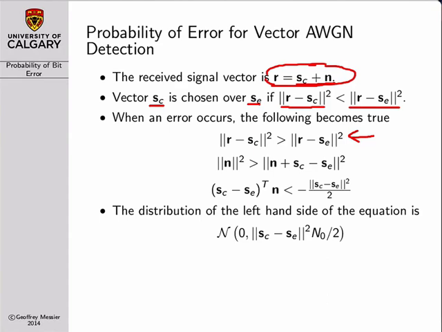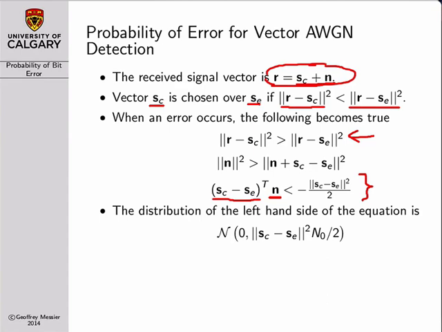Now, if we expand out this squared norm and manipulate it a little bit, we get the final expression where our Gaussian noise vector n, weighted by the transpose of the difference between our two vectors, has to be less than the negative of the squared distance between the two vectors divided by 2.